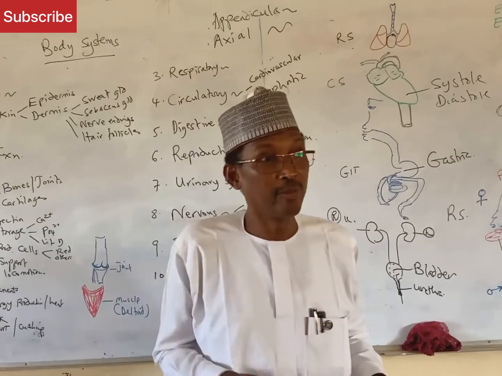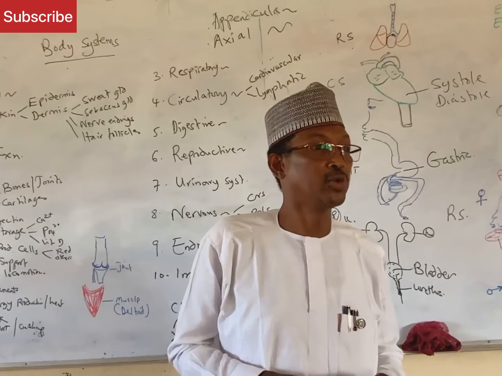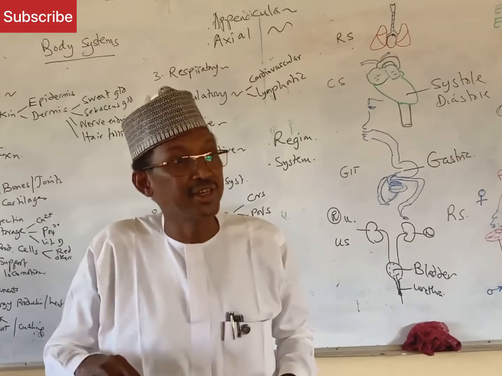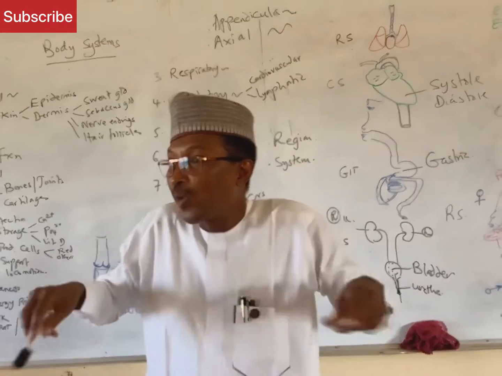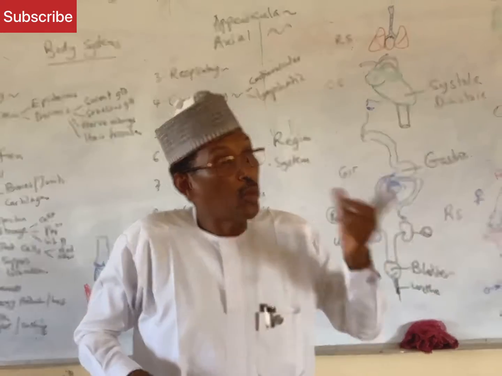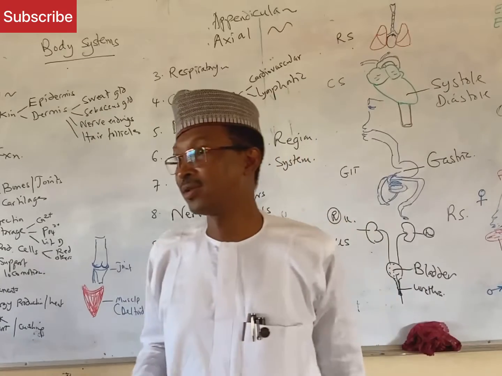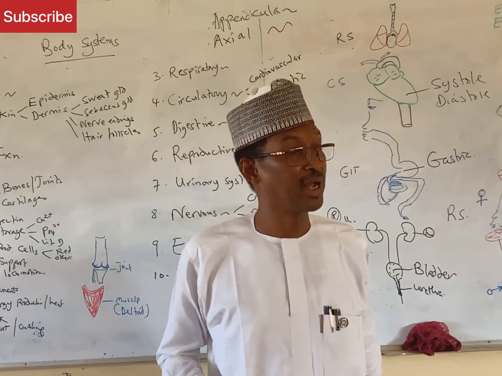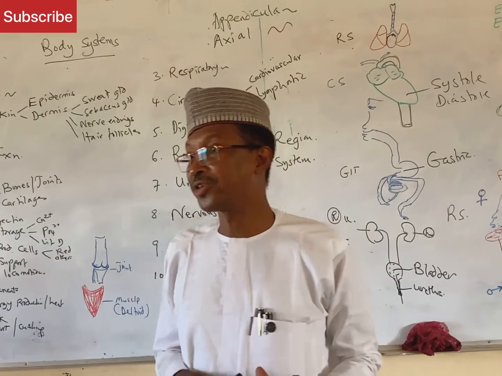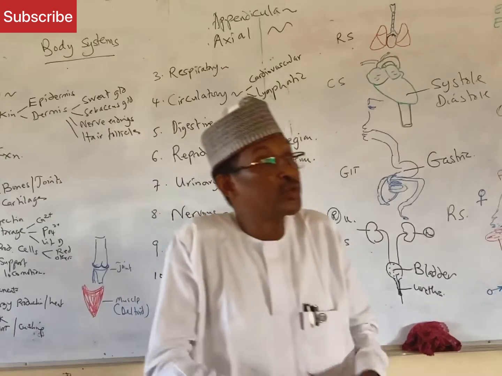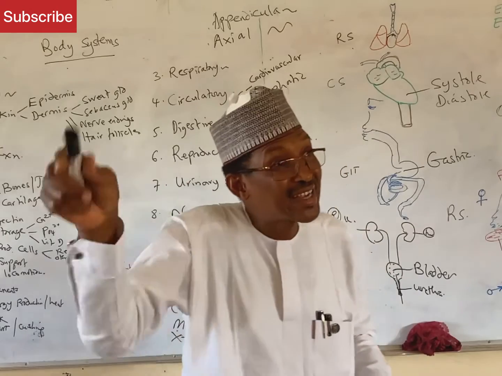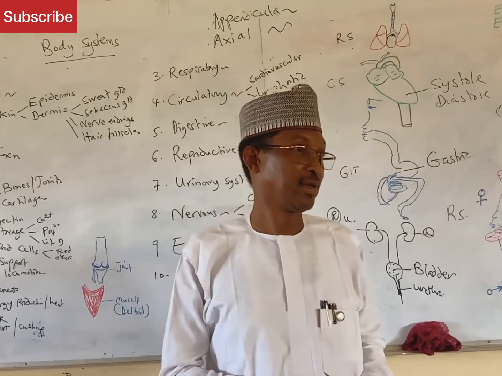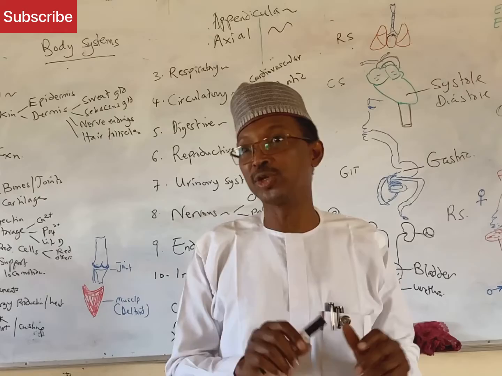Next time you come, you will see how we are going to deal with you. Those memory cells will go and inform other colleagues that, look, we have seen one very dangerous criminal, that is the bacteria or organism or whatever. So let us prepare for him. They will start producing a lot of weapons to attack it when next it comes. You get my point? That is exactly what is going on.